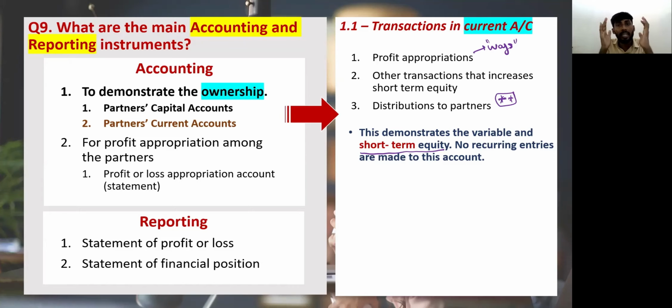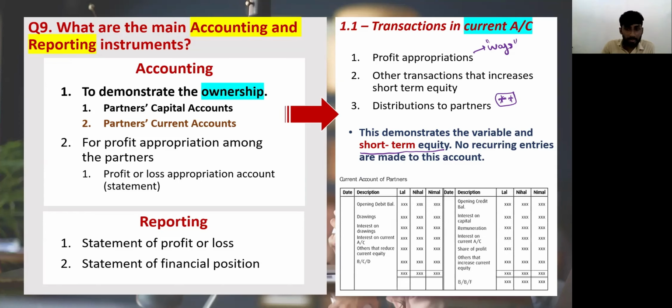Because the transactions that we record in the capital account are fixed and small, only four things. Anything other than that we can record in the current account. This is how the current account is. Now, if the short-term equity is increasing, then we are crediting that. If the short-term equity is decreasing, then we are debiting that. Okay, clear.